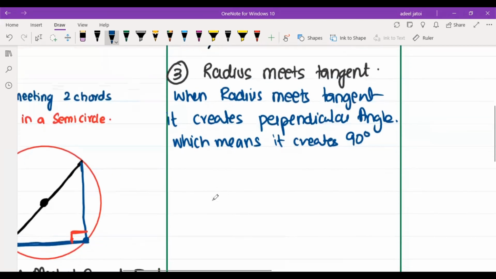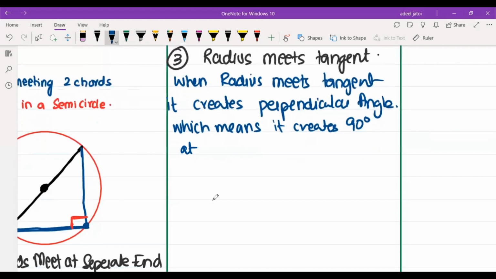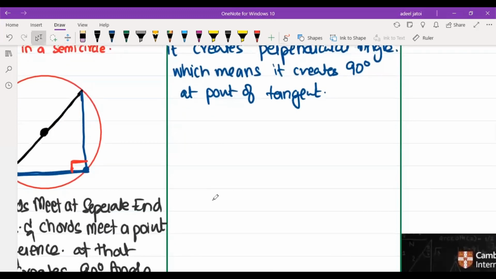It creates 90 degrees at the point of tangent. Let's work upon it.